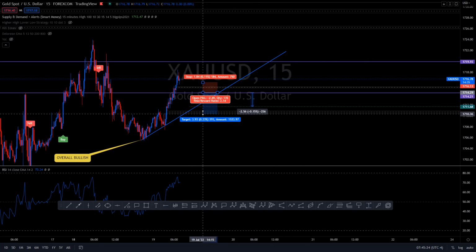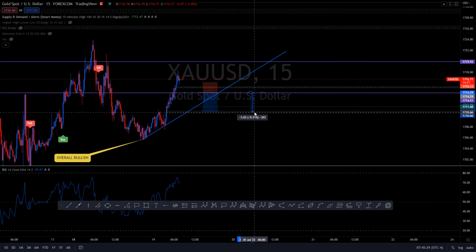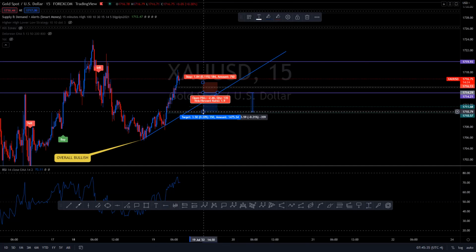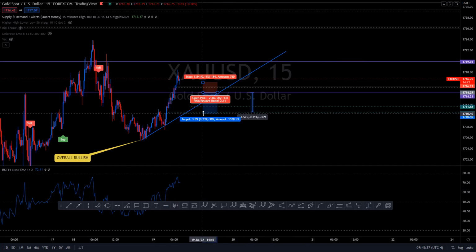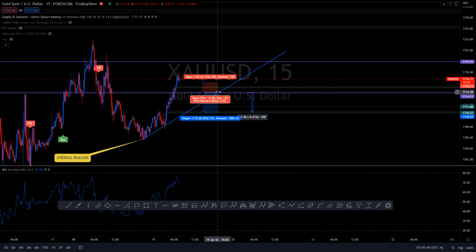And then the second take profit is going to be this mitigation zone, which is a total of 363. So that's what I'm going to be looking for. That's for the sell.